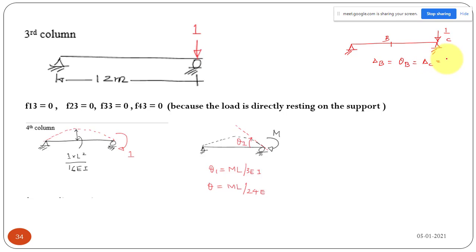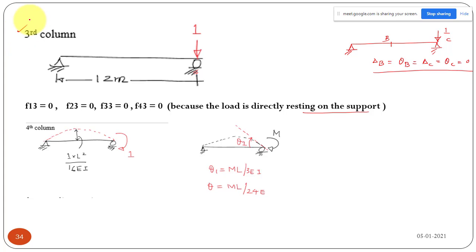Everything is 0. Because if you apply load directly to the support, it will just transfer directly to the support. It will not cause any bending in the structure, so your beam will remain straight. That is why all these elements will be 0. You can easily get the third column.